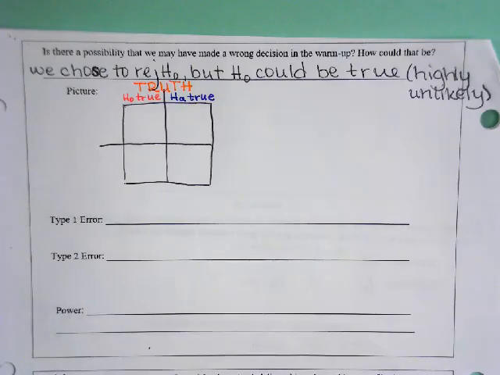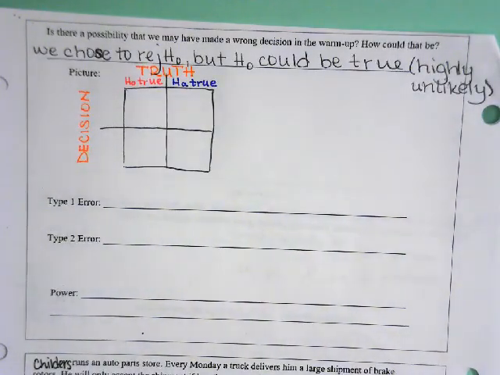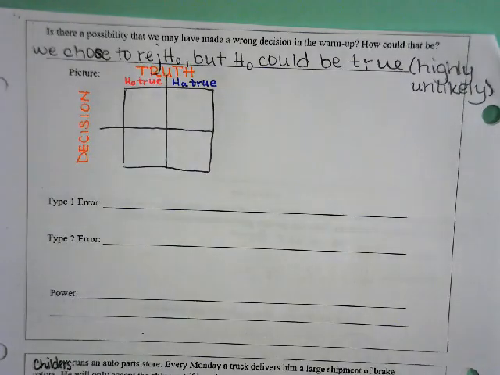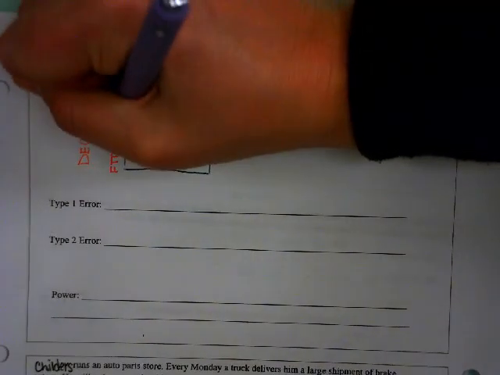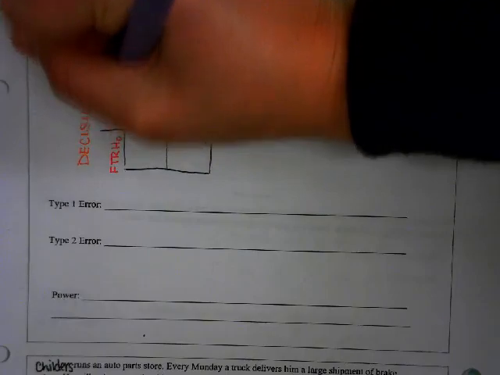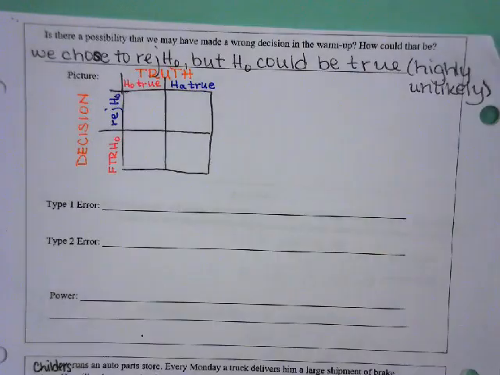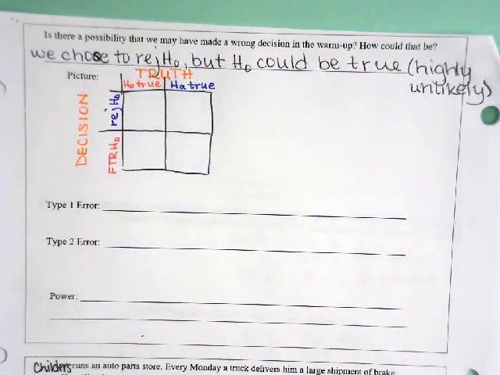On the side, we have the decision we make based on our p-value. There are two decisions we could make. We can fail to reject H null, FTR, and we can reject H null.